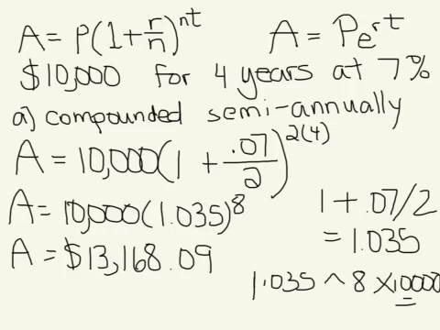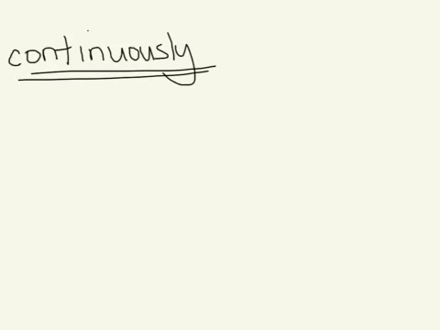Let's also take a look at what it would look like with continuous compounding. If they say, for example, compounded continuously, that word has to appear in the problem, then you're going to use this formula instead. A equals P e to the RT power.